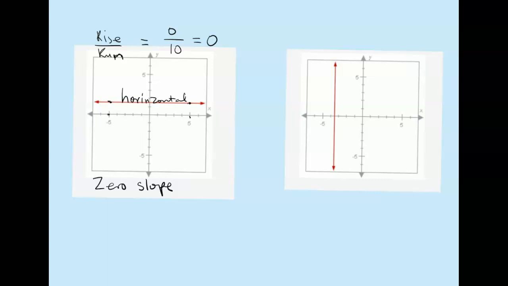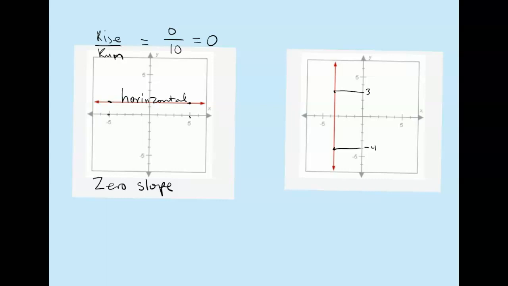Let's look at the other one, which is a vertical. For the vertical too, we can pick any point. So we pick this point here, which is from -4 to 3.